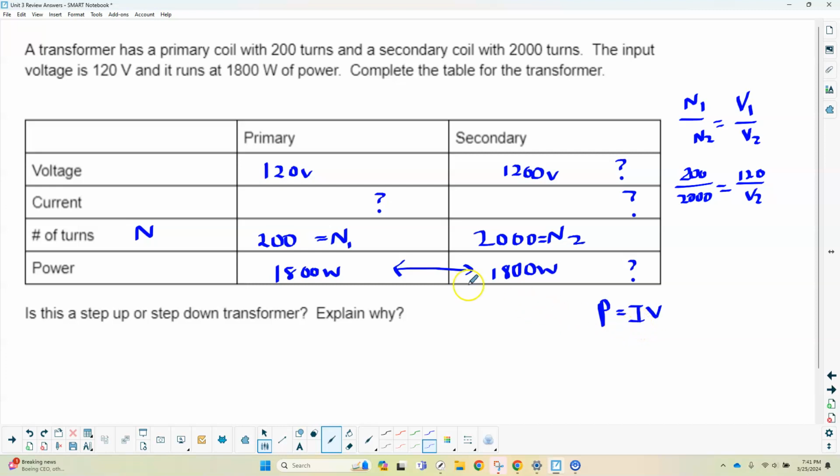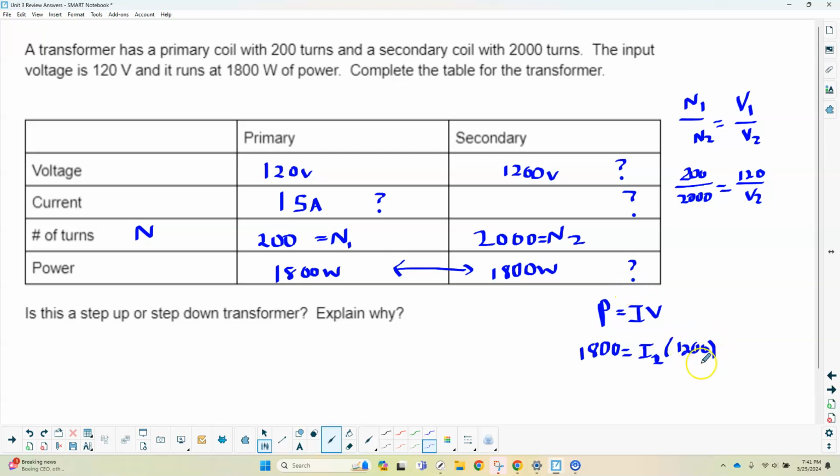With P equals IV, if we need to solve for this current, it's 1800 equals I1 times the voltage of 120. If you divide that out, you get 15 amps here. Then you could do the same thing for I2, and you would change the 120 into 1200.